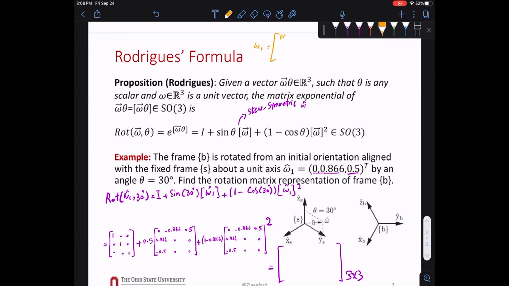Remember, if this is your omega, you have omega 1, omega 2, omega 3, and then the skew symmetric of omega is 0, 0, 0. I think it was omega 3, negative omega 3, omega 2, negative omega 2, omega 1. Was it negative omega 1, omega 1? Can you check lecture 1 or 2? I don't remember which one is which. So the top middle one, the negative 3.